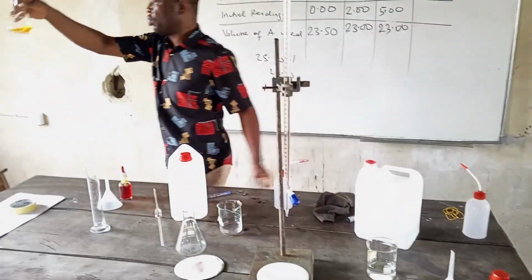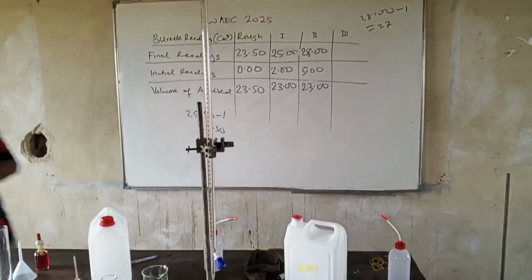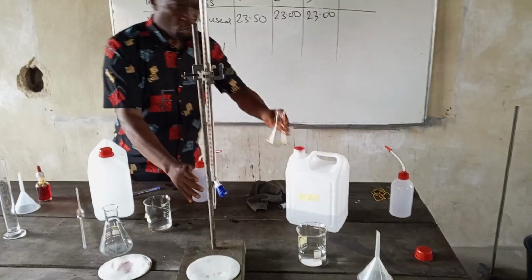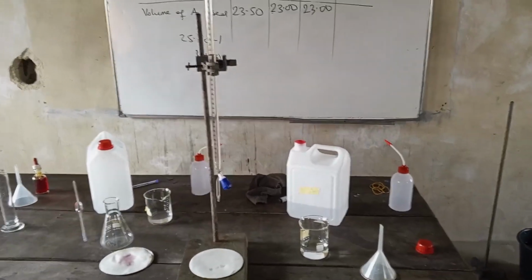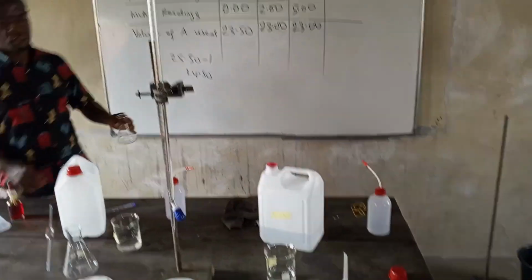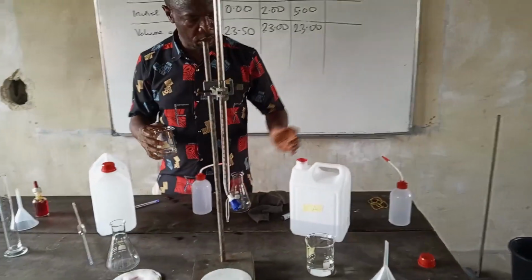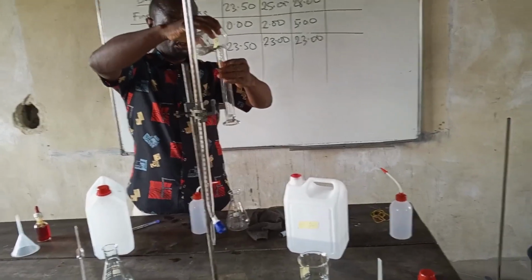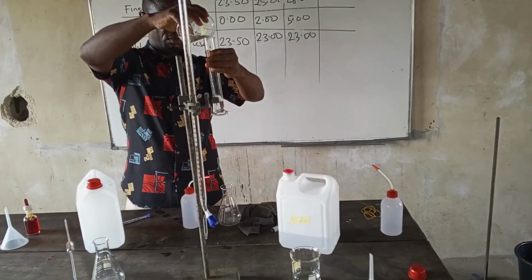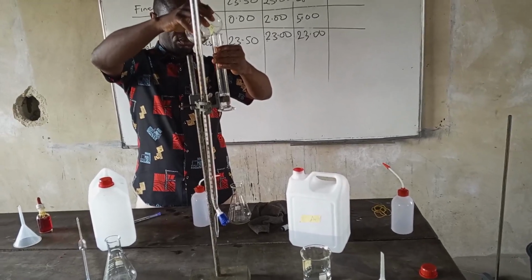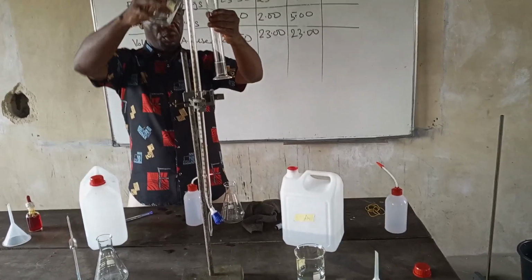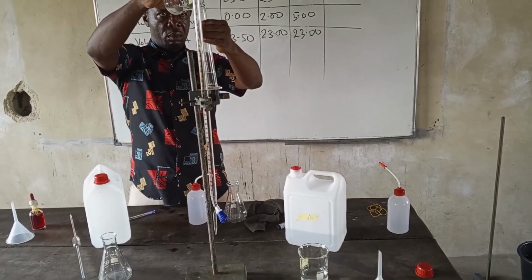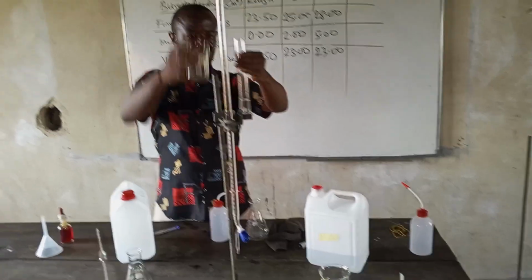We pour away the mixture. And then, having done that, we now raise it, collect another base, the measuring cylinder, collect another 5 cm cube. Almost there, avoid bubbles. So that is it.